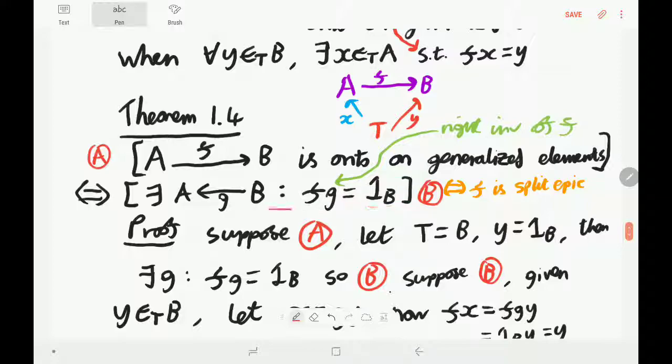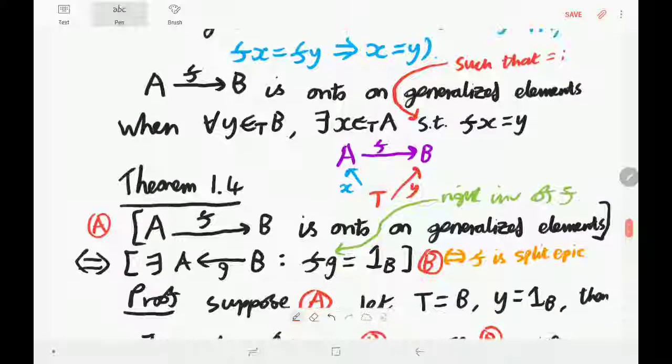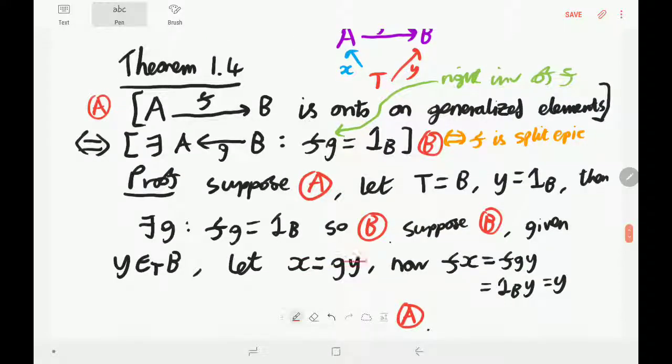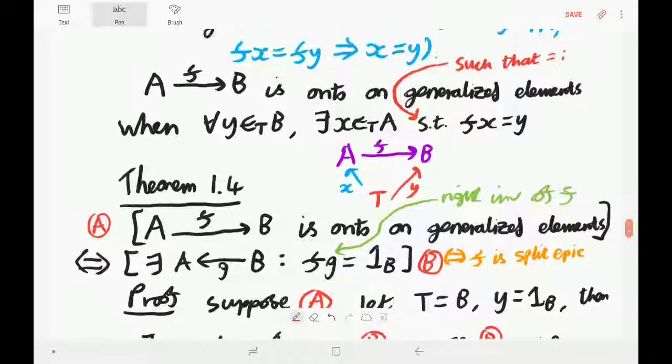So we're supposing statement B. So we have this G such that FG is identity. And we want to prove statement A. So suppose we have some arrow Y from T to B. Well then, just take X equal to GY. And then we get Fx is FGY, which is identity after Y, which is Y. And that means that statement A must hold.